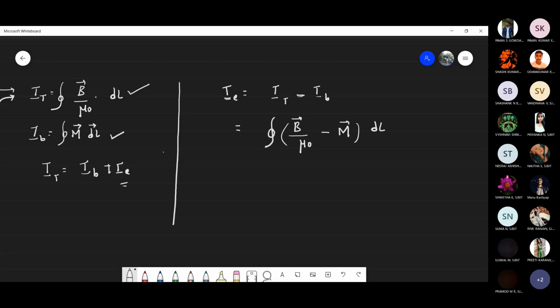So what is free current? I is equal to integral B by mu naught minus M dl. Call this equation 1.